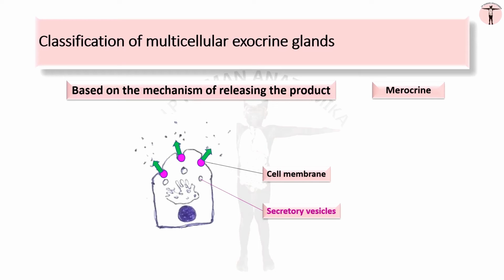So these types of glands are seen in the goblet cells. The goblet cells release the secretion in the form of exocytosis, so they come under the merocrine glands. The other example for merocrine gland is the salivary gland.